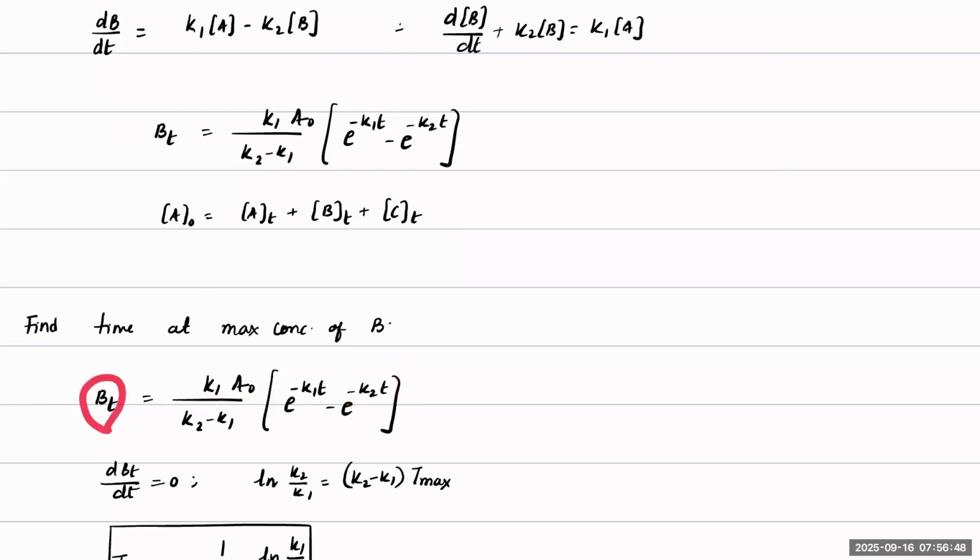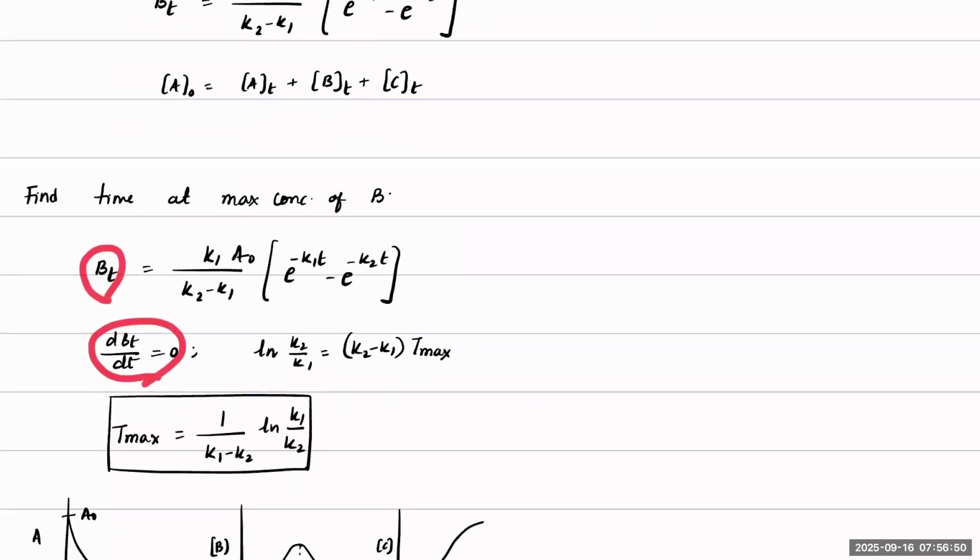So now dB by dt equal to 0 implies ln k2 by k1 is equal to k2 minus k1 into T max, because if you differentiate this, this is what you will get. So from here, T max can be written as 1 by k1 minus k2 into ln k1 by k2.